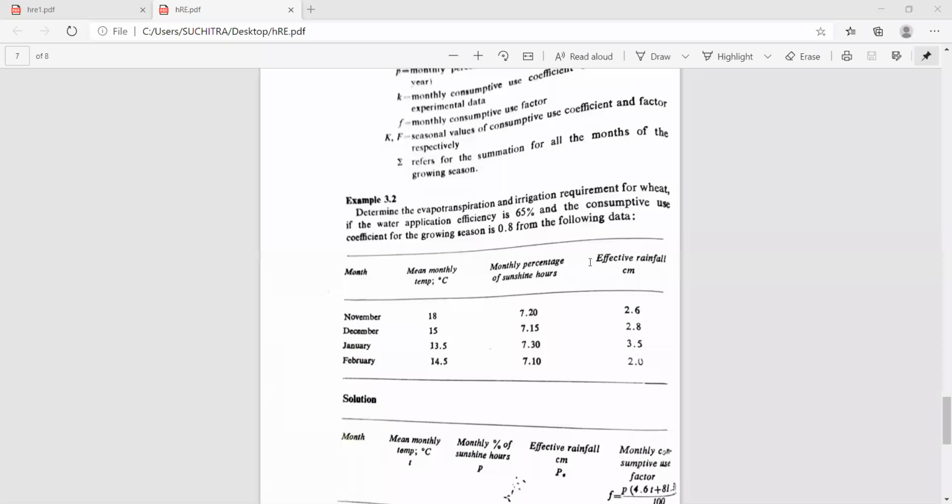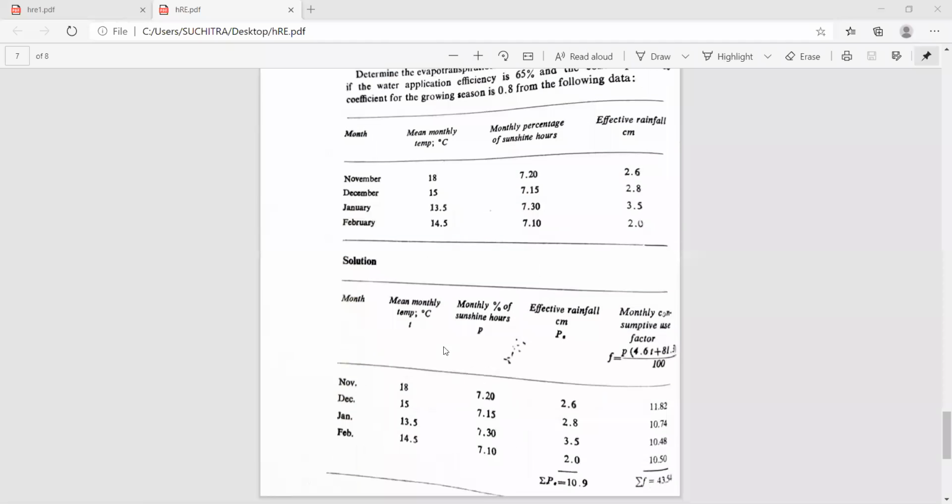This is the monthly percentage of sunshine hours, and the effective rainfall during that period is given in centimeters. You have to calculate the consumptive use for this wheat crop, that is, the water required by the wheat crop to meet its evapotranspiration process. The crop is sown in November and harvested in February.